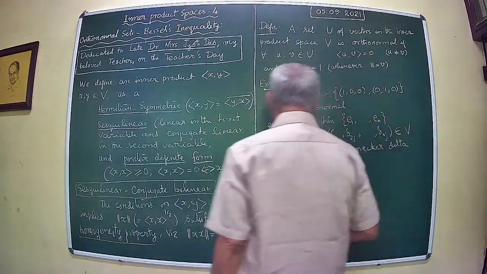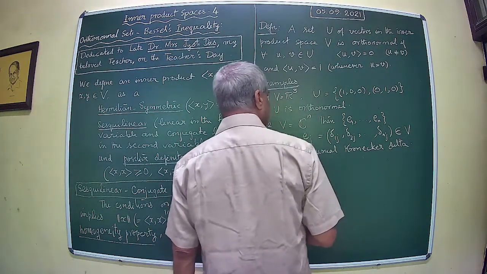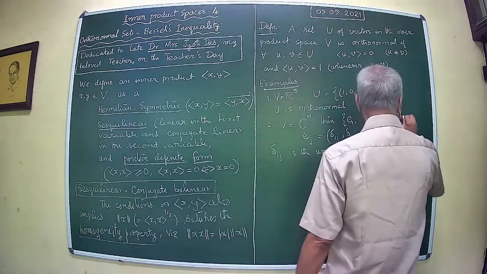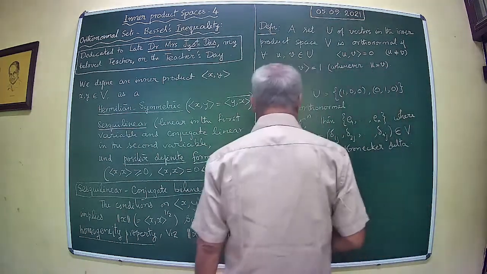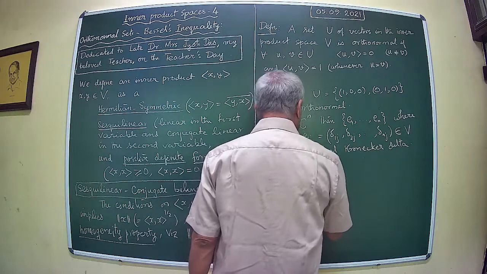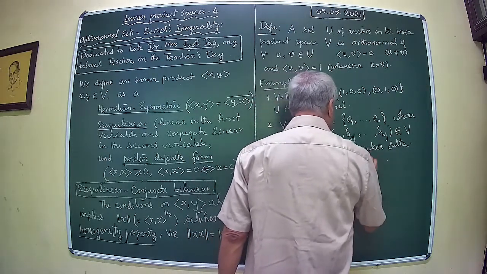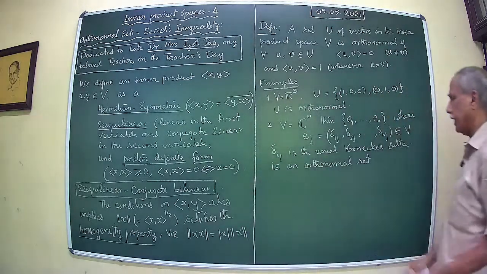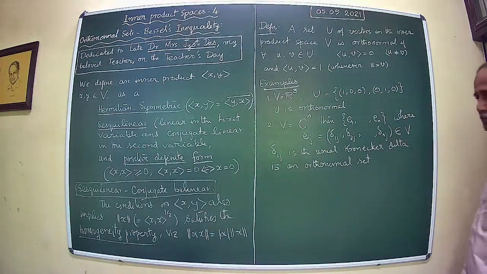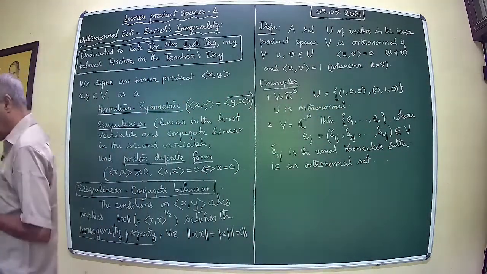Then this is orthonormal. And this is for the unitary space. That means the usual inner product is defined as the dot product.